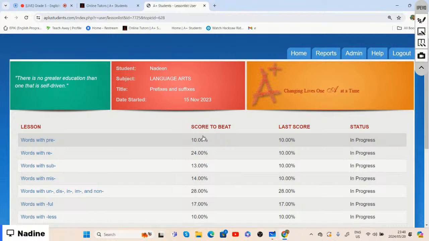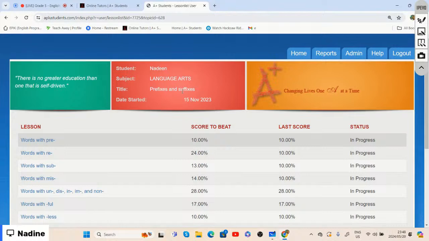And once we add a prefix at the beginning of a base word, it basically creates a new word or a new meaning, right? And knowing the meanings of the prefixes or suffixes will help you to determine the meaning of a new word. We said pre means before, re means again, sub means either less than, under, or below.